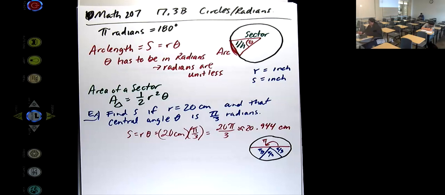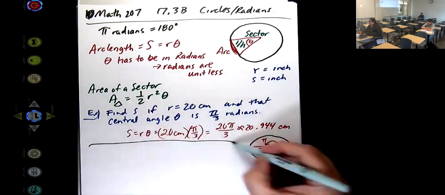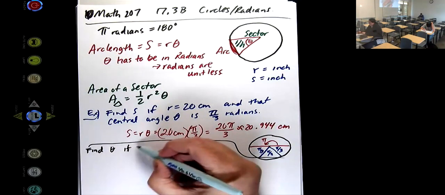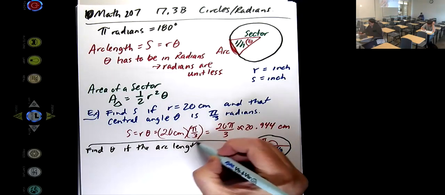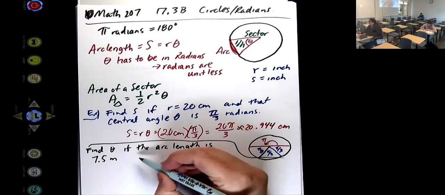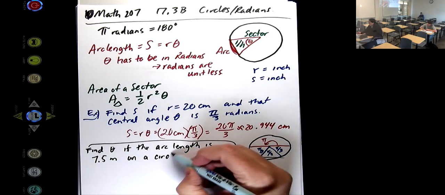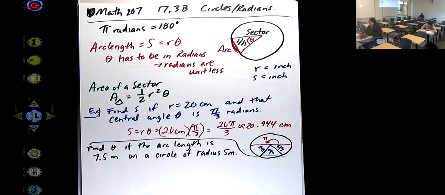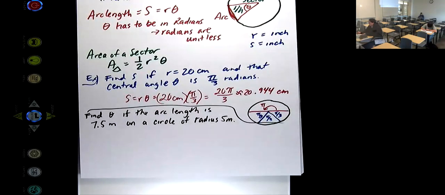Let's do another one. Let's find theta if the arc length is 7.5 meters on a circle of radius 5 meters. So what are we looking for?